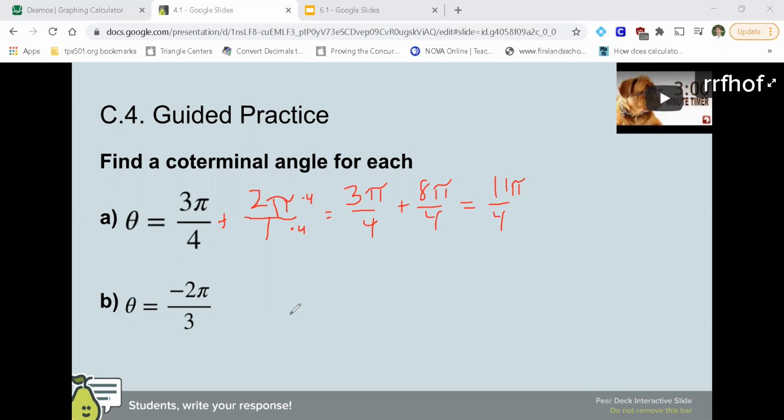Okay, for this second one, you could do the same thing, or you could subtract by 2 pi. But I'm going to go ahead and add 2 pi because sometimes it's easier to just do things one way and just stick with it. You know what I mean? Don't need to change things up.